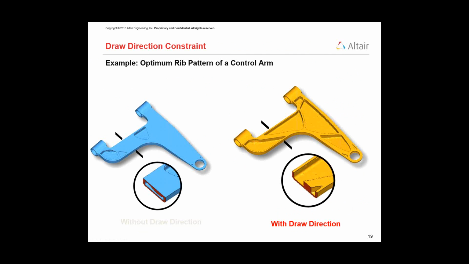But the single best, most incredibly optimized design is completely useless to you unless you can actually make the part. And so when we add manufacturing constraints to it, in this case a draw direction, we end up with a slightly different design that perhaps isn't as perfectly optimized as this, but is optimized and manufacturable.